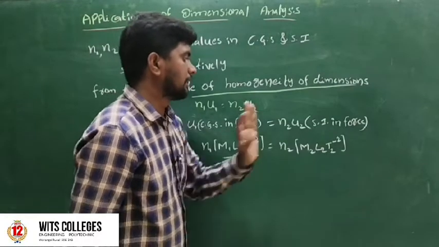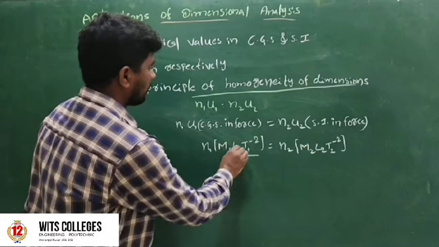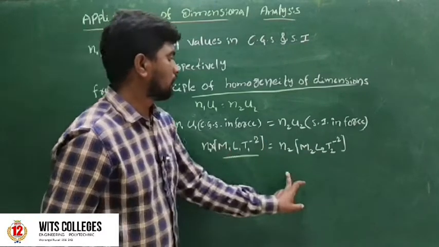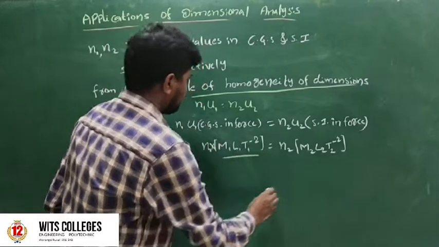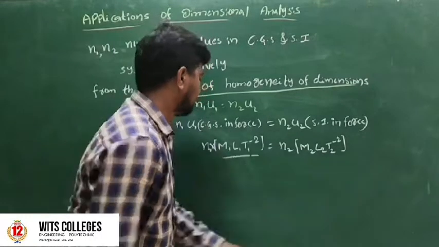Next, N1 into M1 L1 T1 to the power of minus 2 is cross multiplied and transferred to the RHS. The multiplication on the LHS becomes division on the RHS.